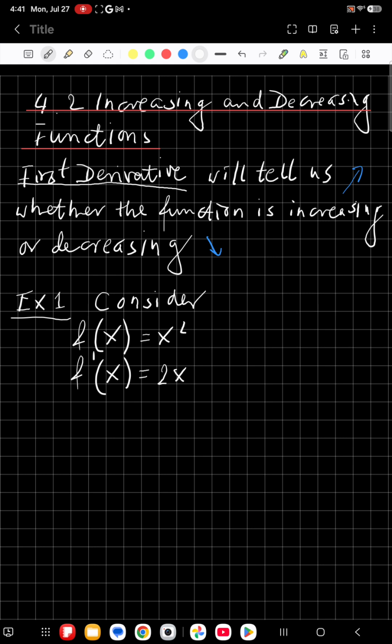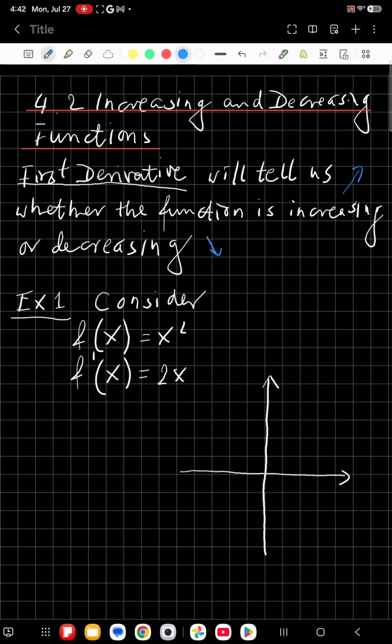If we want to find a slope, we just take some x and plug it in, and we get the slope. When the function is increasing, the slope would be positive. When the function is decreasing, the slope would be negative. I hope you understand that.